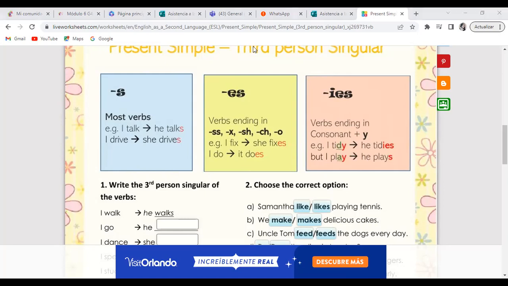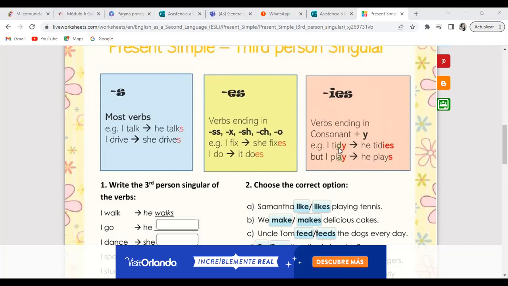And finally, guys, we have some verbs that end with Y, but before Y, there is a consonant. For example, tidy. We have a Y that is in red and a consonant that is in green. What happened to these verbs?